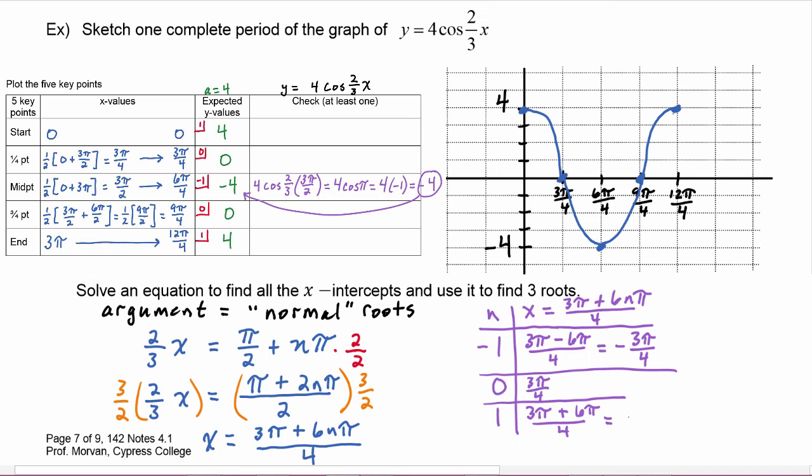And that works out to be 9 pi over 4. And that's how we could go on and on with more and more integers if we wanted to find more roots of the function. And you can see in the one cycle that we did, we had a root at 3 pi over 4 and we had a root at 9 pi over 4.